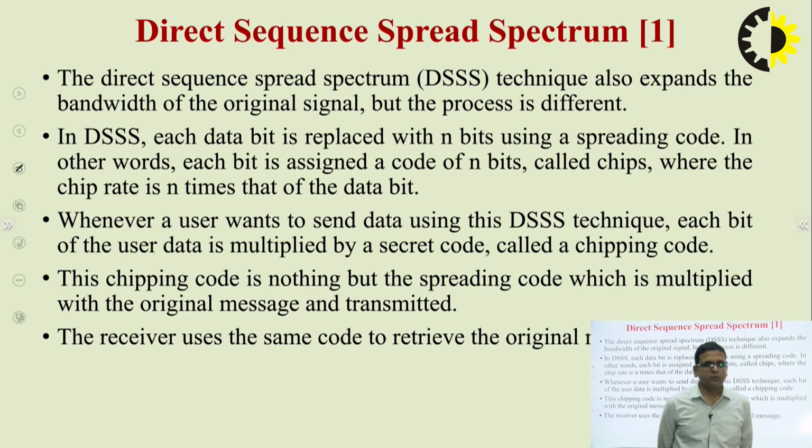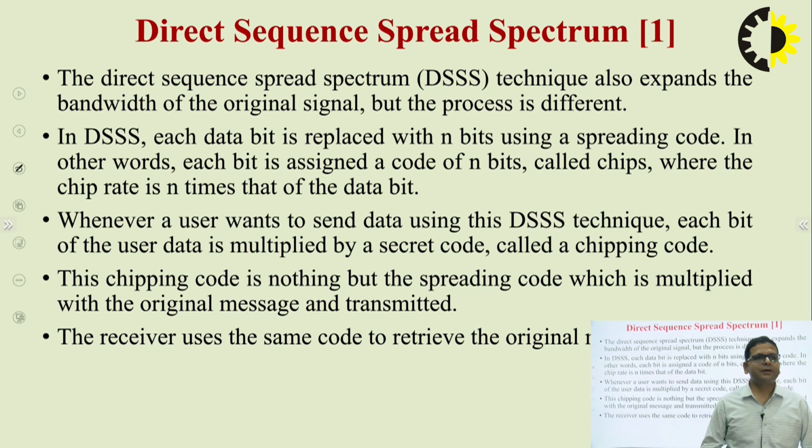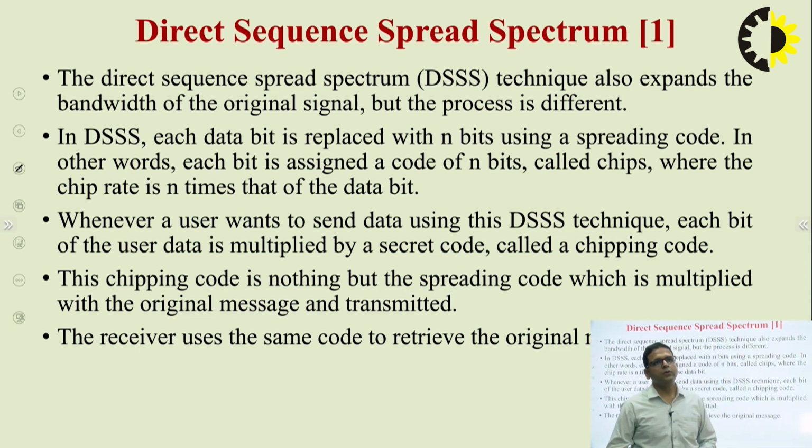This chipping code, when multiplied with the original signal, divides the bits into small intervals, and this multiplied signal is used as a direct sequence spread spectrum. At the receiver side, the receiver uses the same code to extract the original message from the received signal.